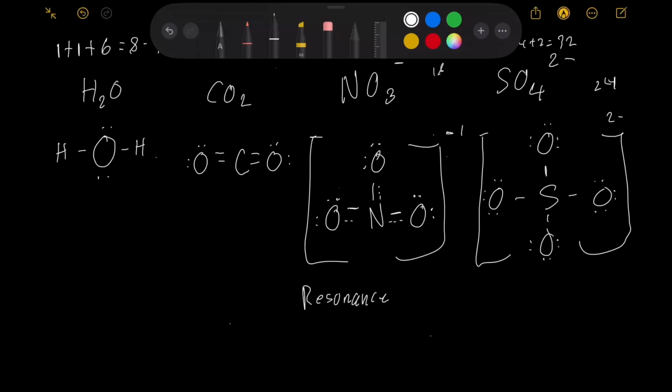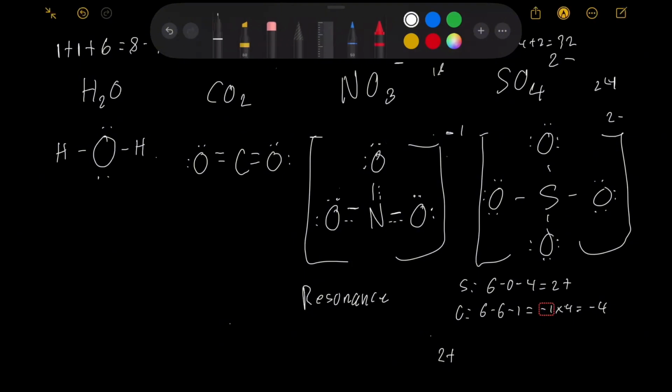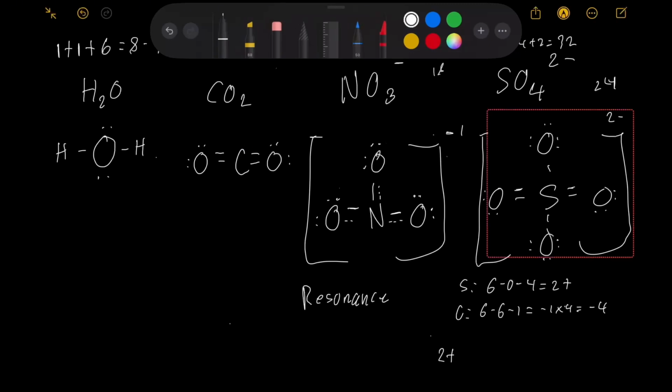Remember, S's formal charge was +2, right? We want to go lower. You just do a bunch of experimenting for this, but what you really do is you remove 2 of these and you put them as double bonds for the sulfur. So now you have 6 valence electrons, 0 unpaired, and you have 6 bonds, which makes it 0.